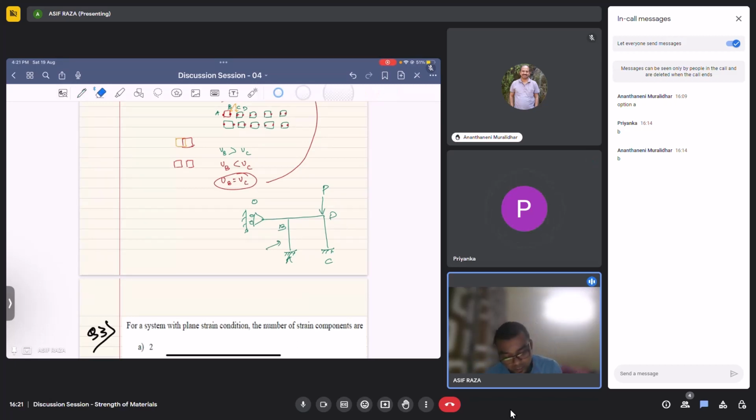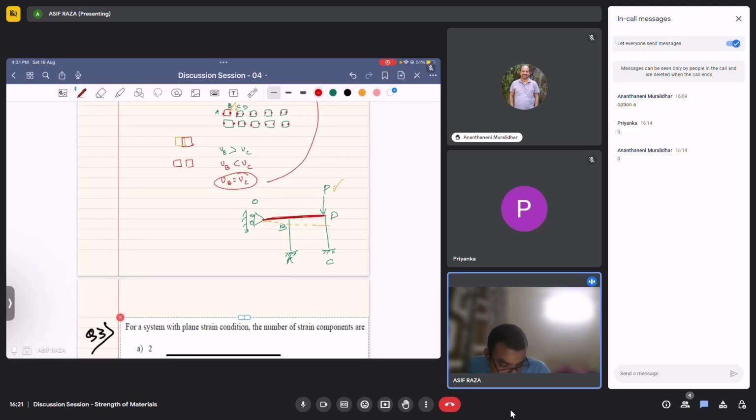Yes. So in this question, the further condition introduced in this system is that they say this bar is rigid. So what would happen if we are considering it a rigid system? When this force acts on it, it will displace.